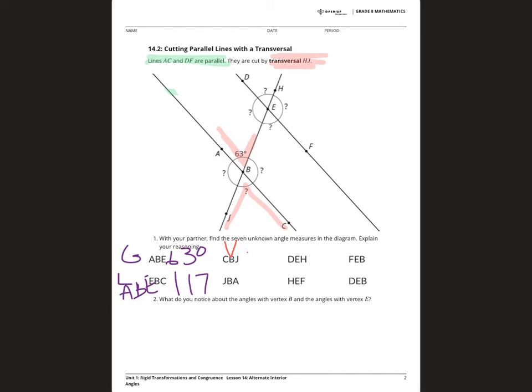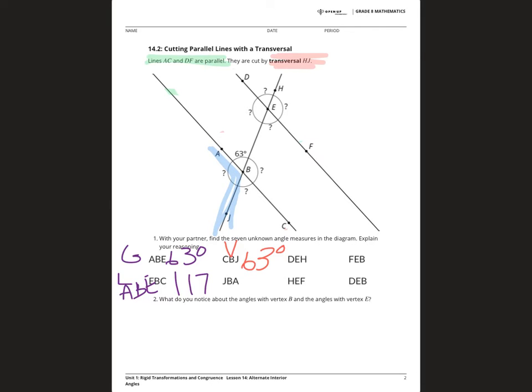So therefore it's equal, and it's going to be 63 degrees. Make sure that you know this, because on the homework and on the exit ticket, you're going to have to explain with things like angle on a line or vertical. Okay? All right. The last one in that little section is going to be JBA. So what do you think it is?